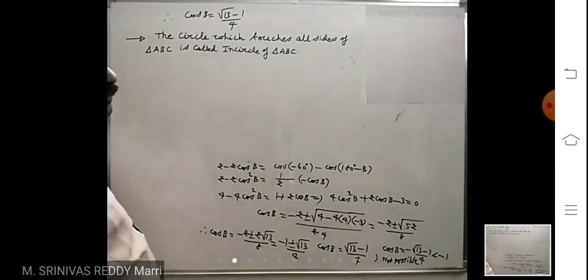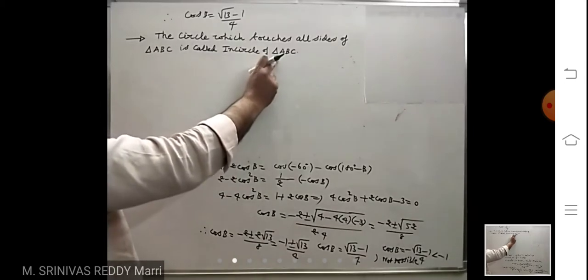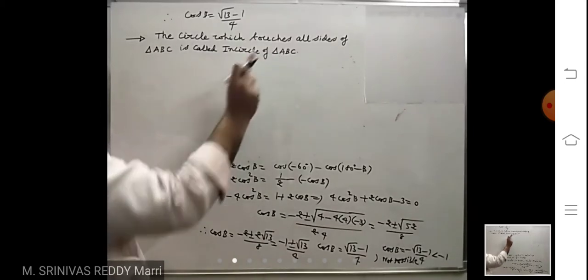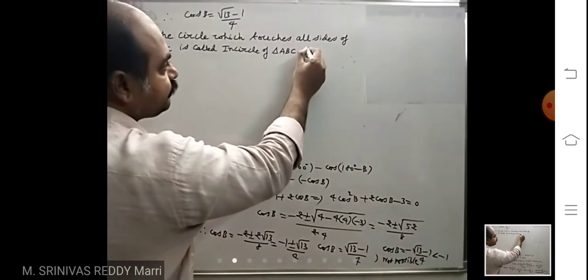Previously, we have discussed circumcircle. That circumcircle is nothing but the circle passing through all the vertices of triangle ABC. Now, another circle came which touches all the sides of triangle ABC.